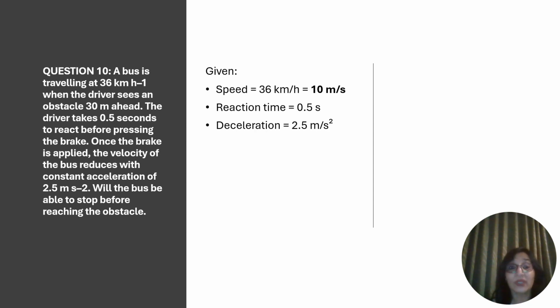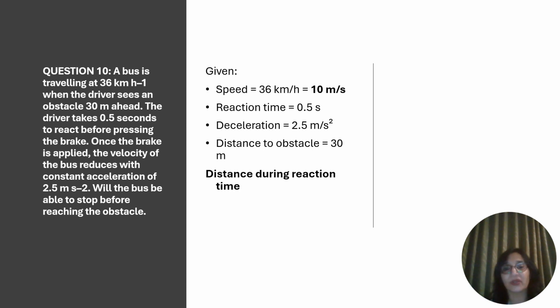Once the brake is applied, what is the acceleration? That is basically a deceleration, which is 2.5 meter per second square. And what is the distance to the obstacle? That is 30 meters. So you need to jot down everything which is given in the numerical.